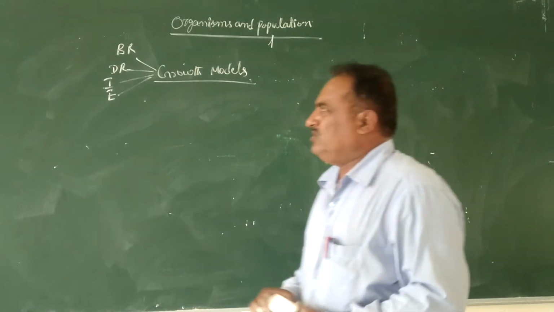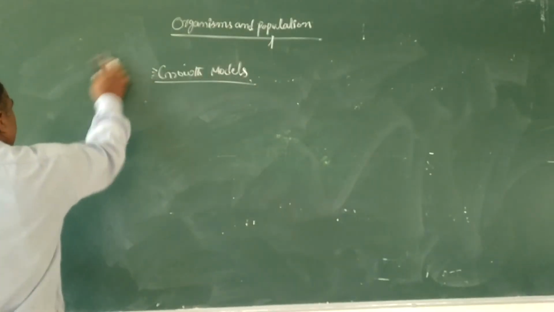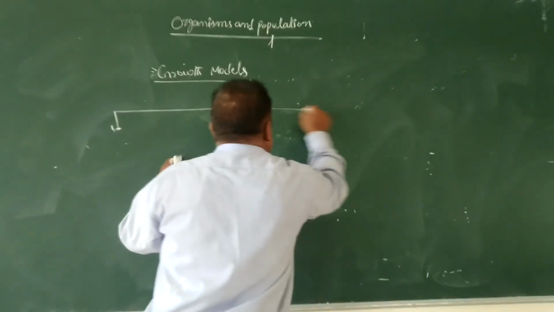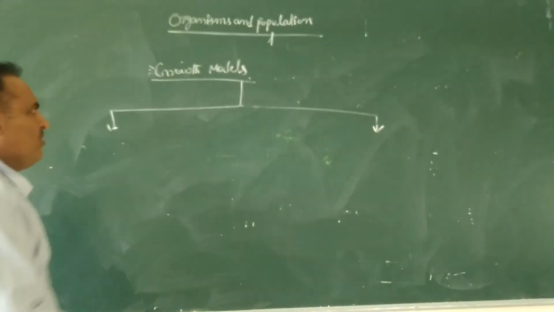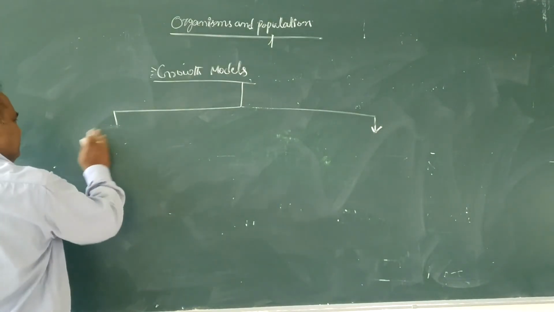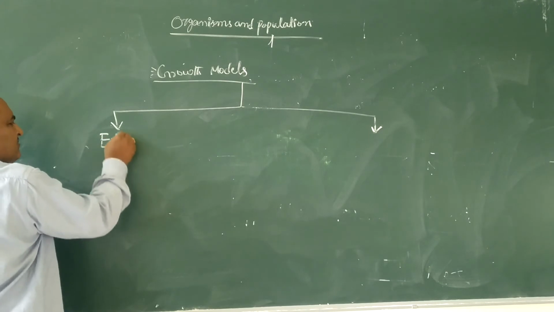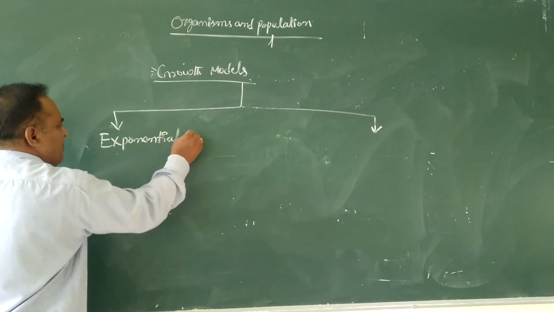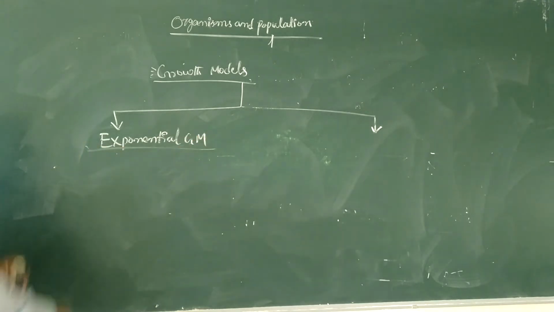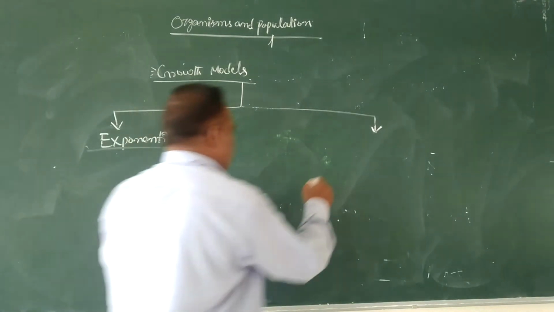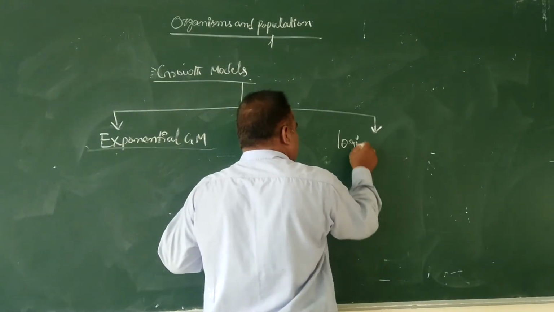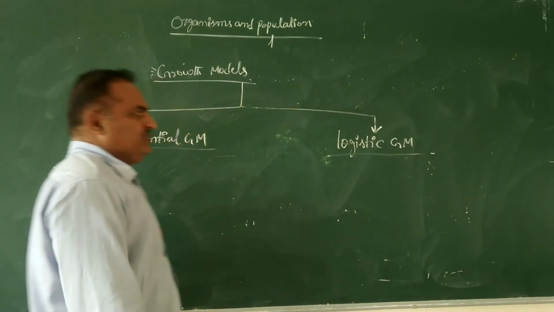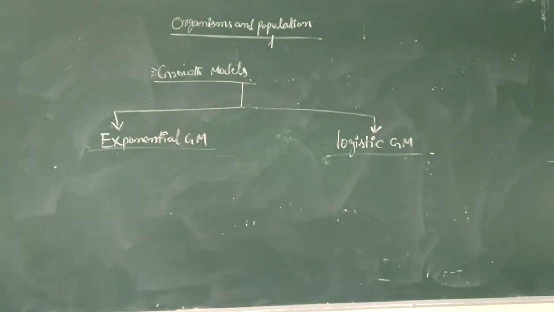There are two different types of growth models: the exponential growth model and the logistic growth model.